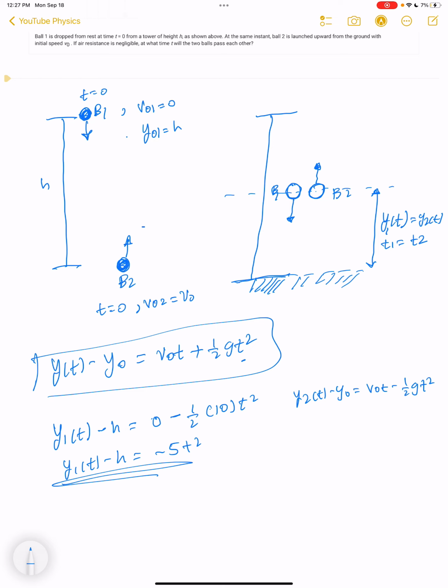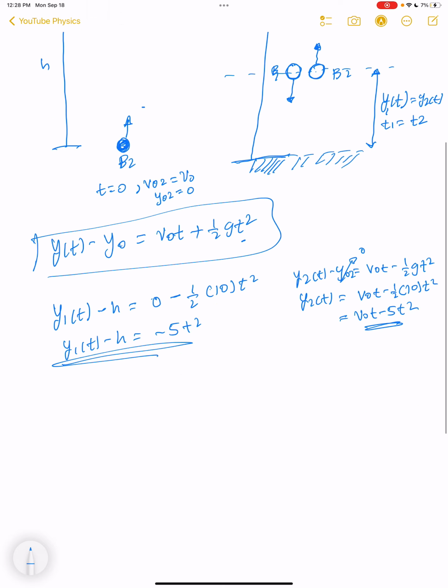Here it started from the surface, so y naught of 2 is 0. So this component is 0. We have y2 of t equals the initial velocity v naught t minus 1/2 times 10 t squared. So this gives us v naught t minus 5t squared.